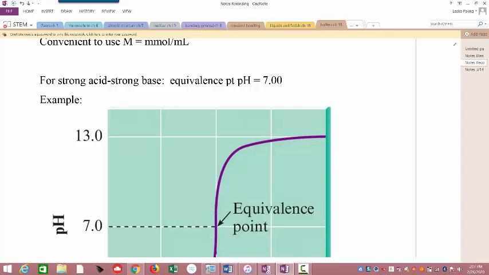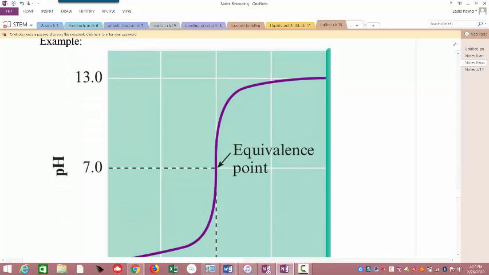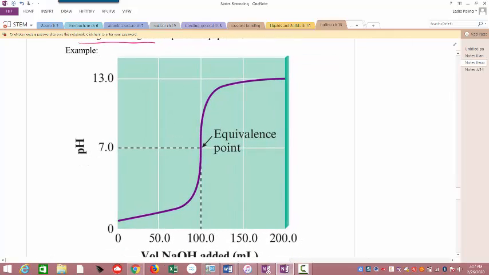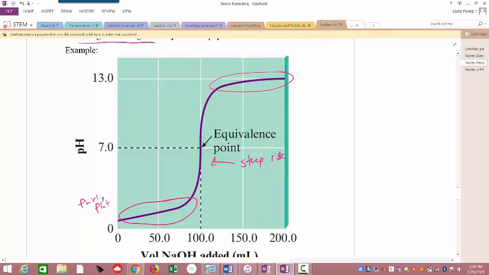So whenever you have a strong acid and a strong base, your equivalence point is going to happen at a pH of 7. So here's a graph here, and notice how we have a fairly flat region, and then we have a steep rise, and then if we keep going into the base range, we've got another fairly flat region.